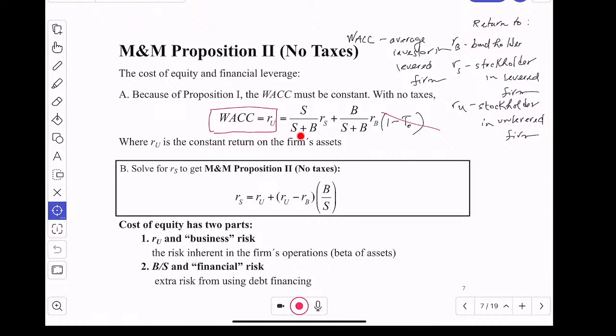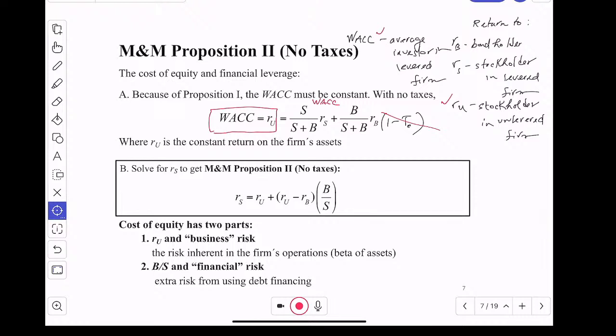And then I expand that, where this is the WACC. So what I'm going to do now is isolate the return to stockholders in the levered firm.